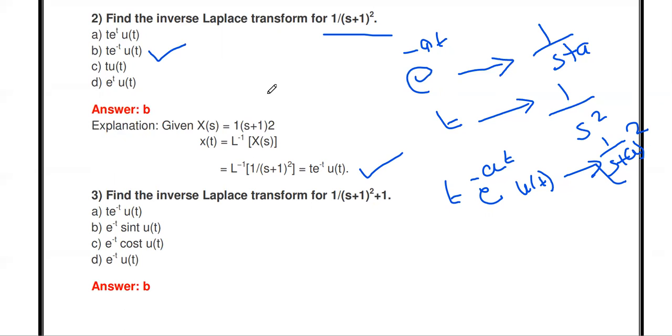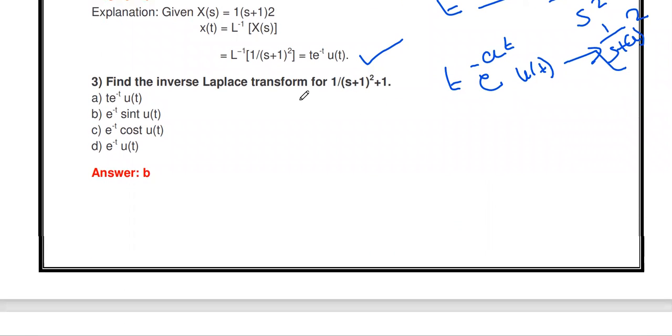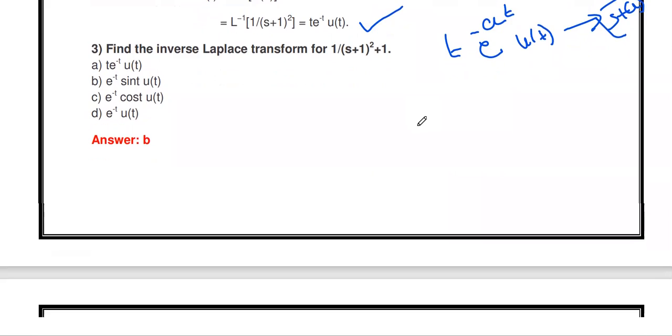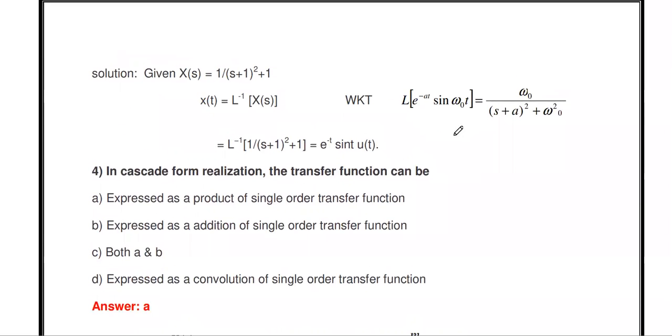In this way, using the standard Laplace transform pairs, we can solve it by an easy method. Then the next question: find the inverse Laplace transform of 1 by s plus 1 the whole squared plus 1. You know the Laplace transform of e power minus at sine omega naught t.